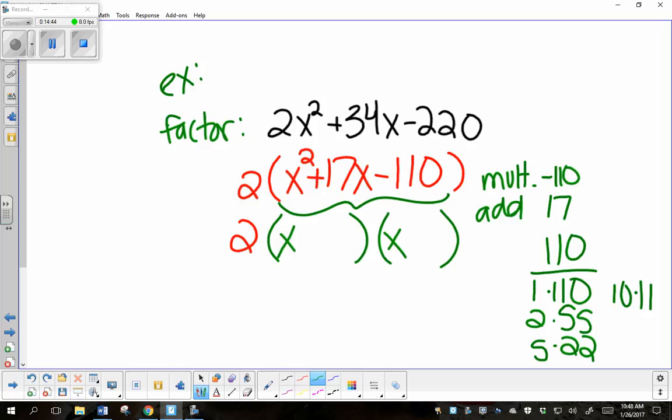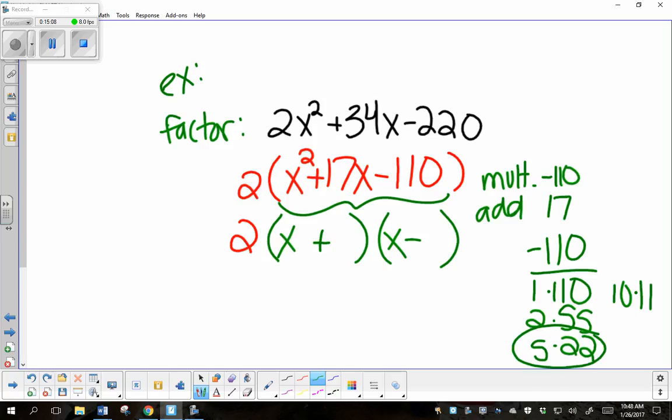And I think I'm already seeing one that gets me a 17 somehow. So remember, I'm really trying to multiply to a negative 110. So I want one positive number and one negative. I'm also looking for one that'll get me a positive 17 if I add them. So I think if I use 5 and 22, I can get 17.